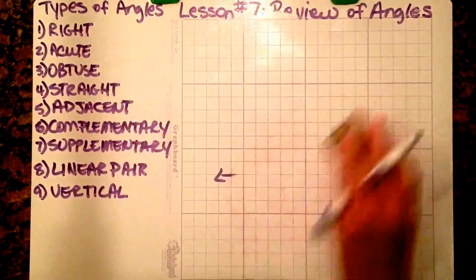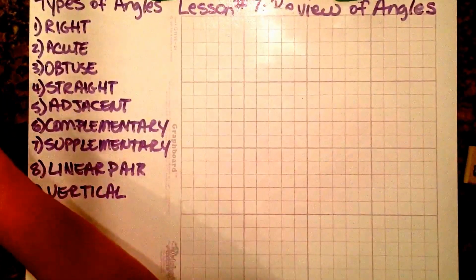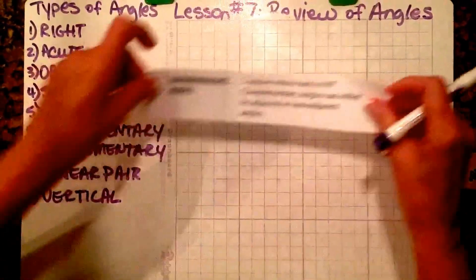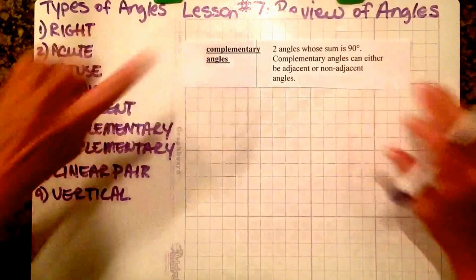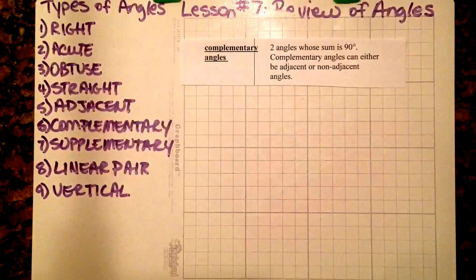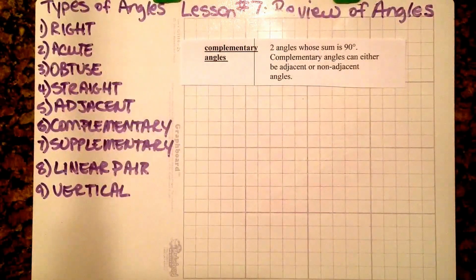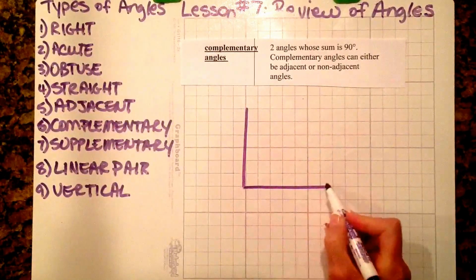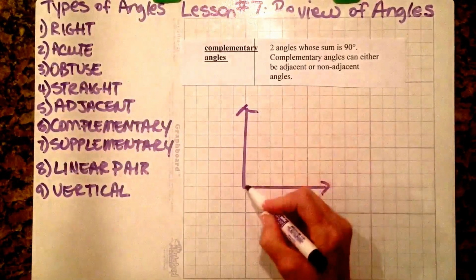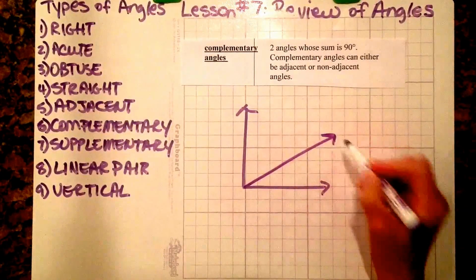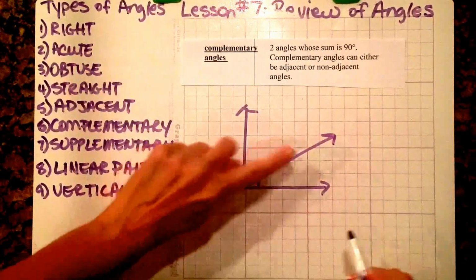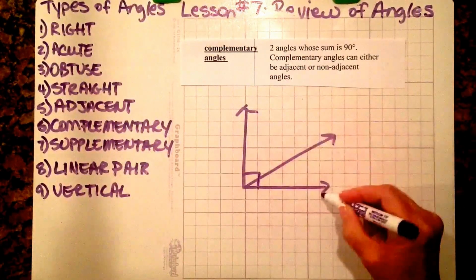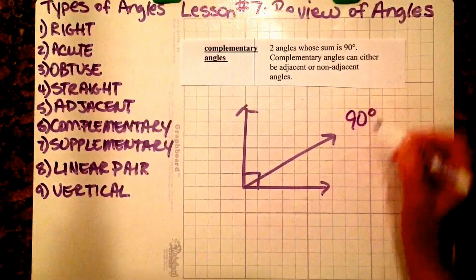Let's go to complementary angles now. Complementary angles are two angles whose sum is 90 degrees. Complementary angles can either be adjacent or non-adjacent angles. So, if I have a right angle, and I put two angles inside here, these are complementary because I know that this whole angle right here is 90.